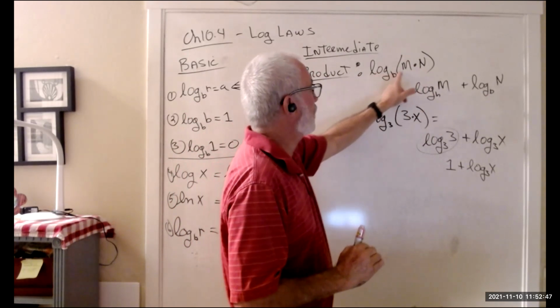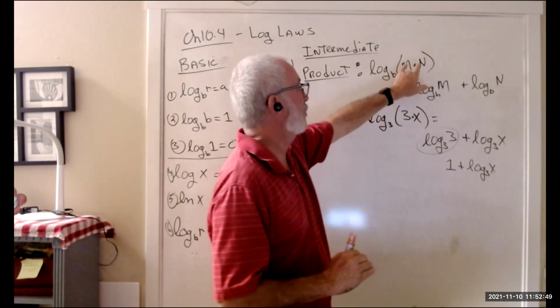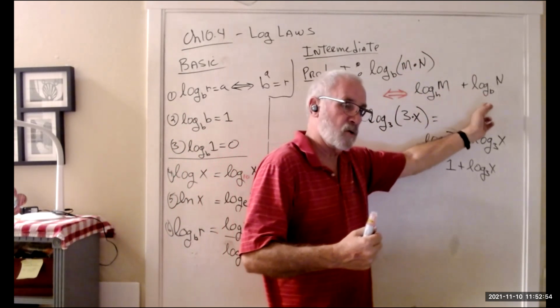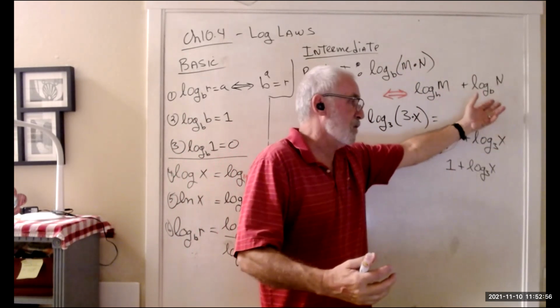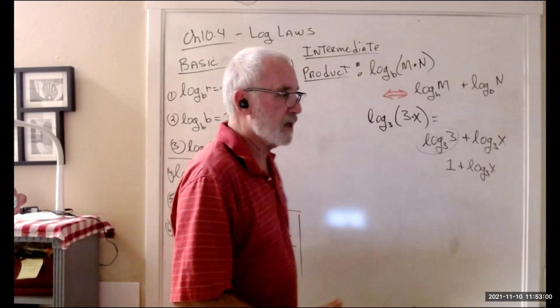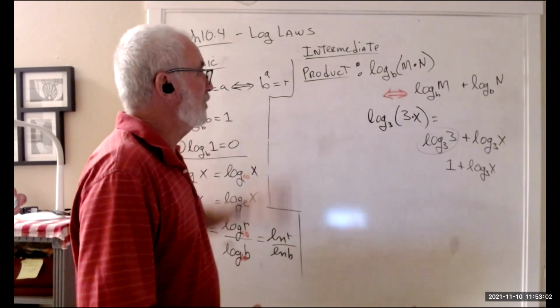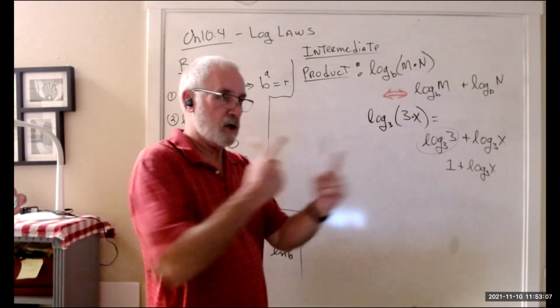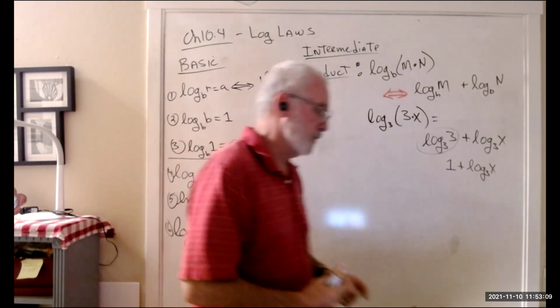Usually we think of it going in this direction, from one big problem splitting into two little problems, but you could take the two little problems and put them into one big problem. I'm going to give some examples of that in a minute. These are all bidirectional. They go forwards, they go backwards.